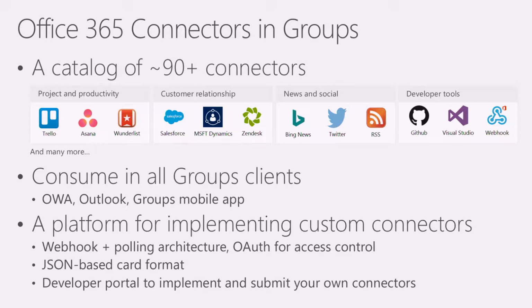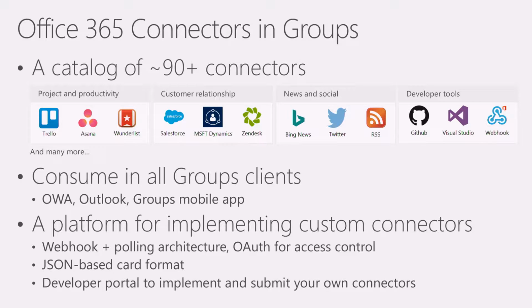The payload uses a JSON-based format. There's a developer portal for you to try, implement, and submit your own connectors, so it can be published to all our users. We won't be spending a lot of time today talking about the developer story. We have a lot of valuable resources available online. If you go to dev.outlook.com/connectors, there's a lot of valuable resources you can reference there.